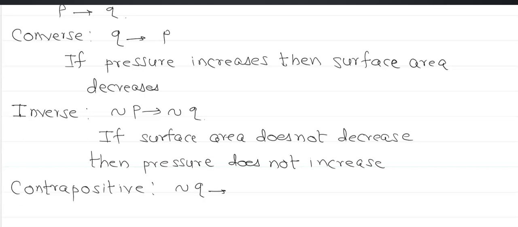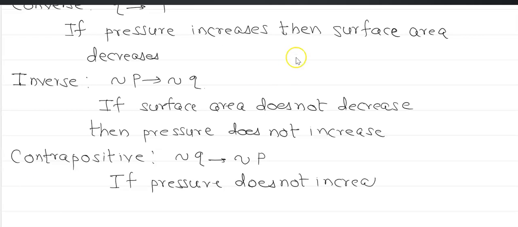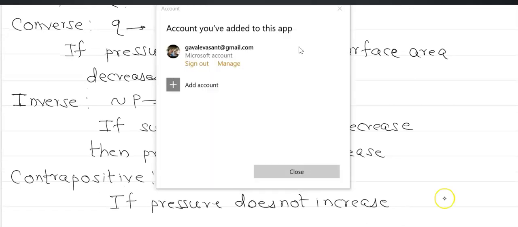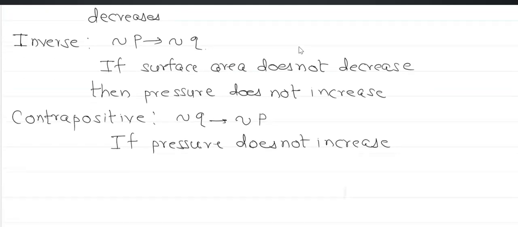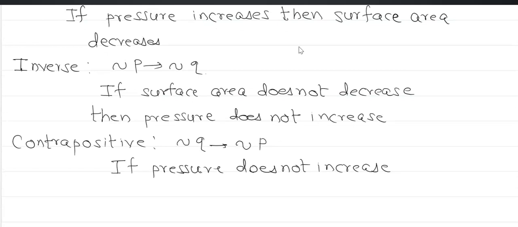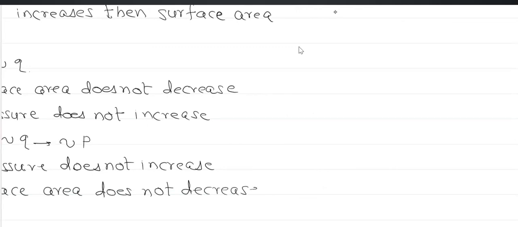Contrapositive, then, is the negation of the converse: negation of Q implies negation of P. If the pressure does not increase, then the surface area does not decrease. My screen is not stable, that's why you can understand this.